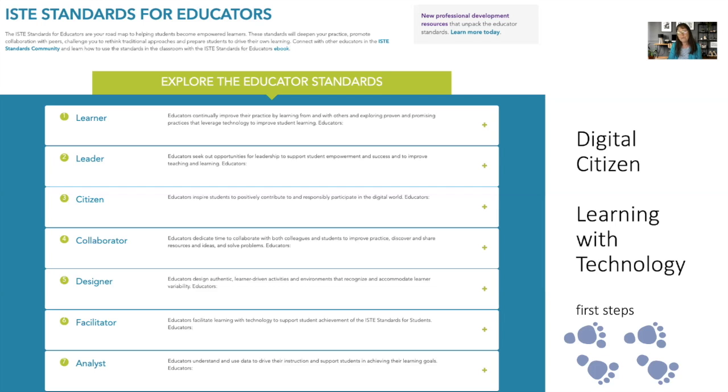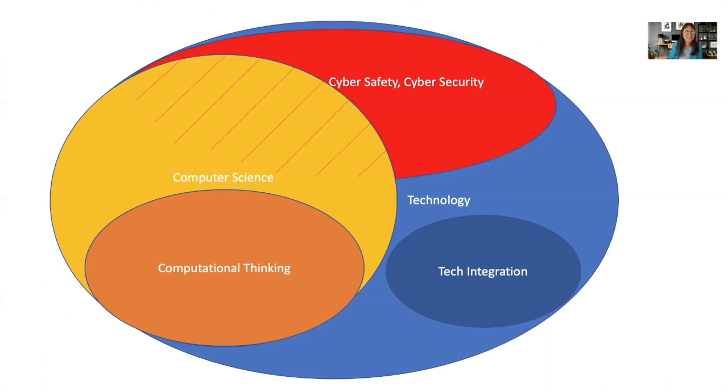These standards have been updated many times, and they're still very worthwhile, and they're the foundation to be able to use technology in order to be able to create with technology. Computer science sits within technology, and within computer science is computational thinking.